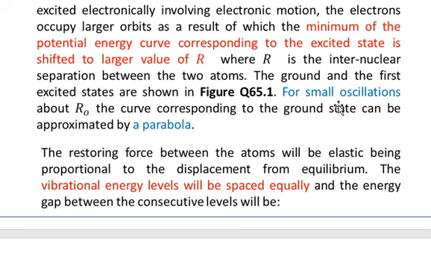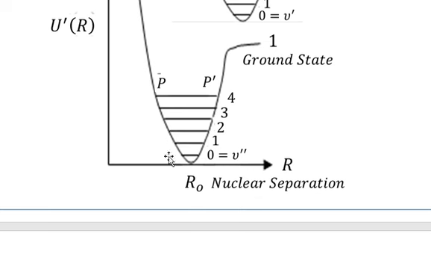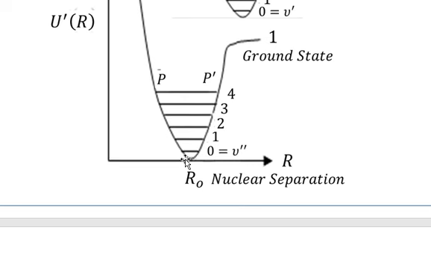Okay, so for small oscillations about the value R0, the curve corresponding to the ground state can be approximated by a parabola. If the molecule is undergoing small oscillations around the value R0, not very large, so that a few vibrational levels could be occupied, then you can treat this curve as a parabola.